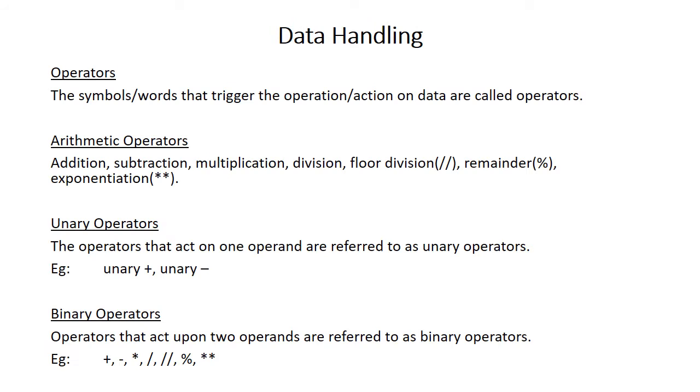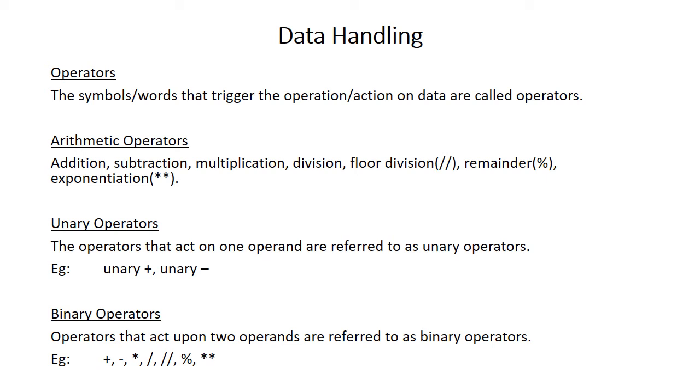Operators. The symbols or words that trigger the operation or action on data are called operators. Arithmetic operators include addition, subtraction, multiplication, division, floor division, remainder, and exponentiation. Unary operators.